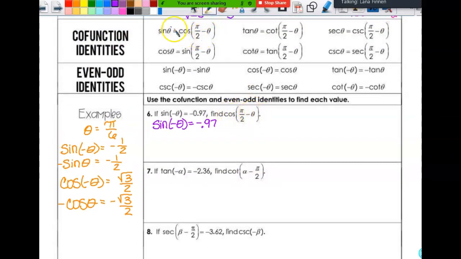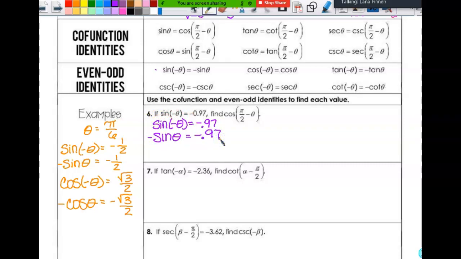So I know that this is equal to sine. I don't have sine of theta, I have sine of negative theta. So I have to figure out how to get to sine of theta. That's when I look here. Sine of negative theta equals negative sine of theta, so I'm going to substitute that in right here. So negative sine of theta equals negative 0.97.